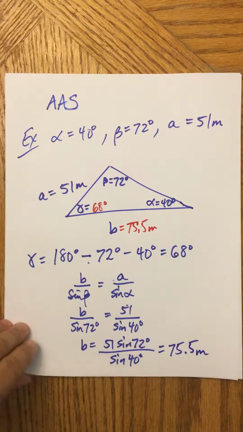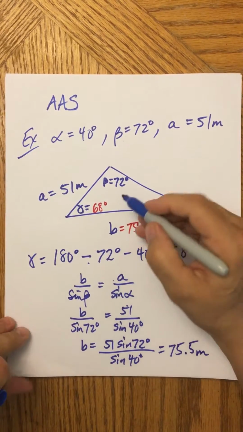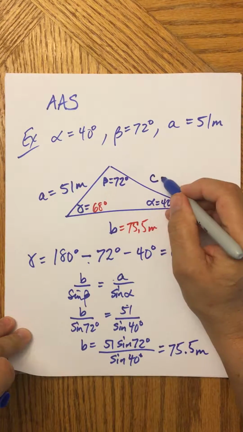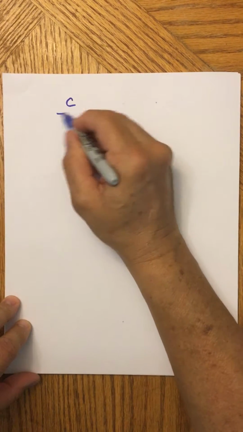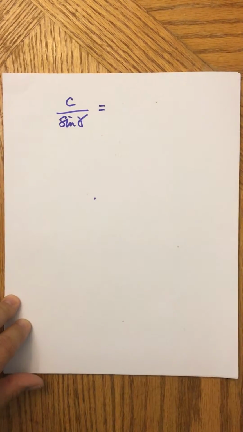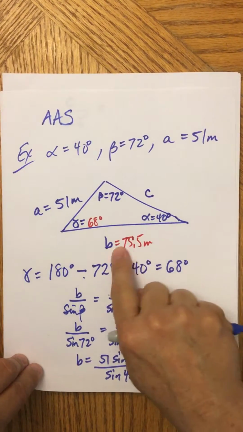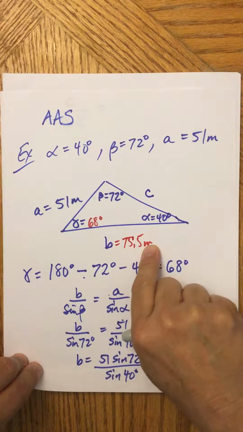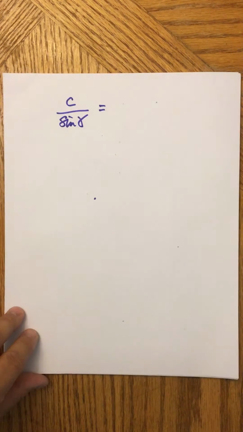All right. And finally, I can find side C, gamma. And we're going to do that by saying C is to sine of gamma as, and you really could use the information from B, but because it was a little less precise than I rounded, I'm going to go ahead and use what was given.